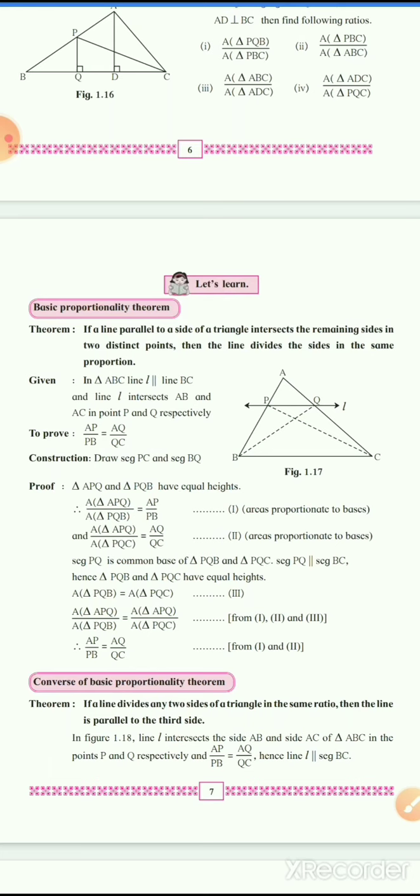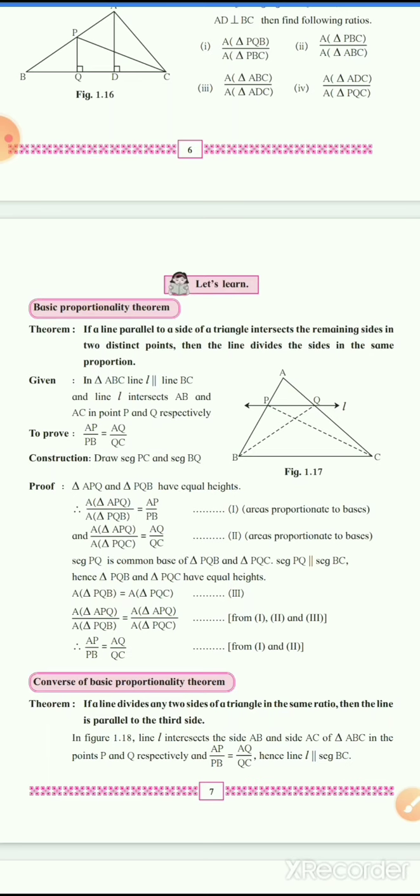Prove means the second half of the theorem: the line divides the sides in the same proportion, means AP upon PB is equal to AQ upon QC.